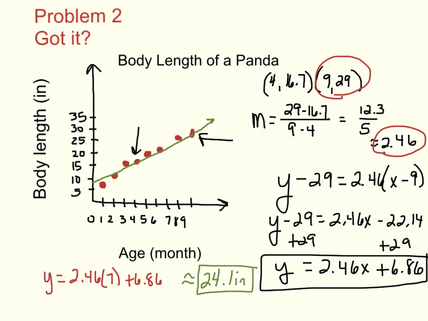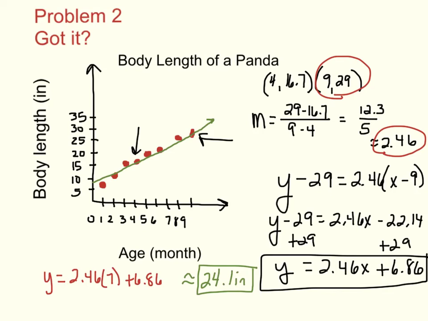So what we did is we found data based on the points between what we had. So we did interpolation. Now, part B asks, do you think you can use your model to extrapolate the body length of a 3-year-old panda?